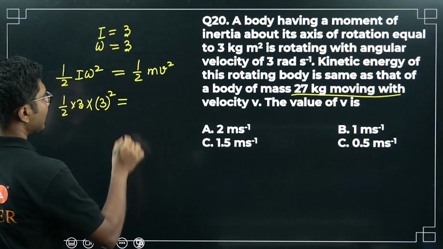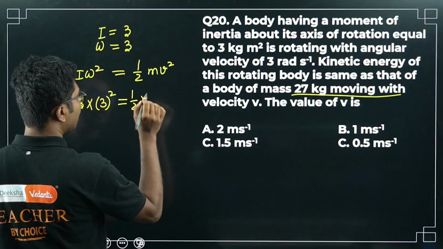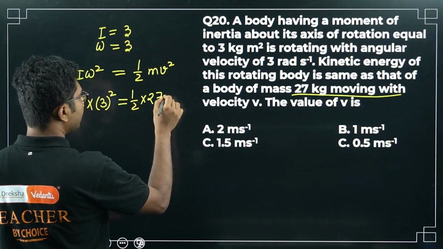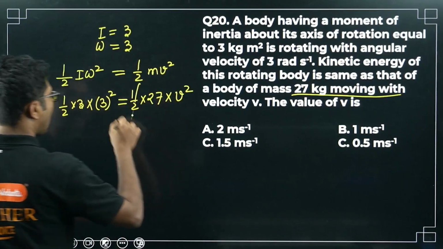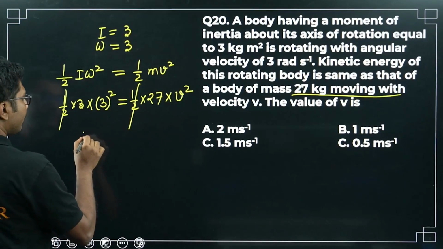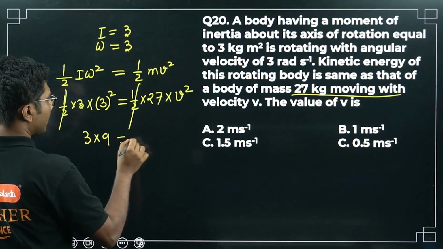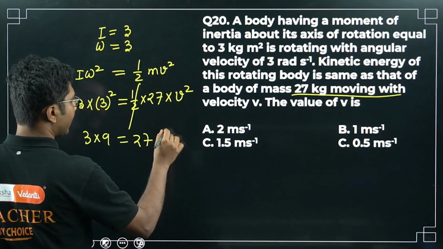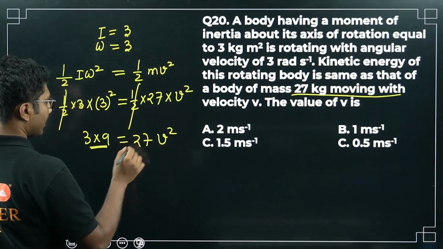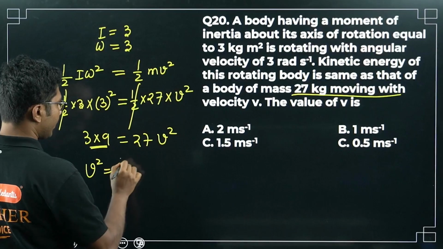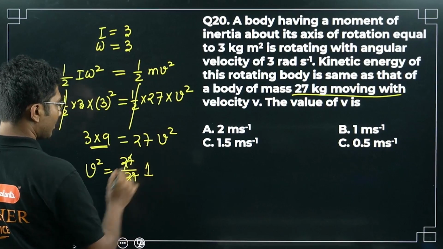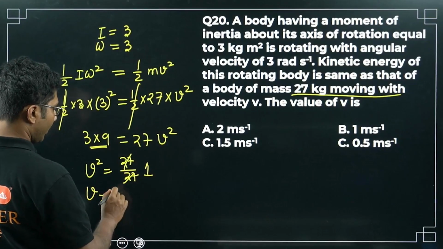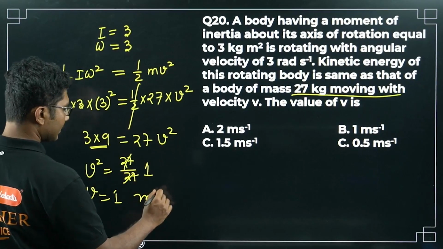The mass of the linearly moving object is 27. Half cancels, so 3 times 9 equals 27 v square. 3 times 9 is 27, so v square equals 27 divided by 27, which equals 1. So v equals 1 meter per second.